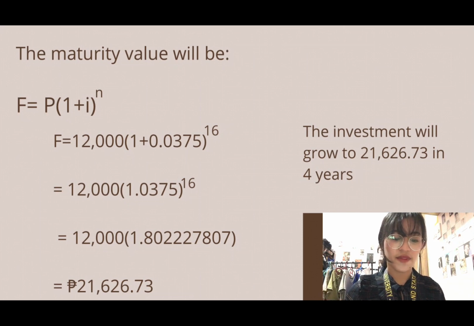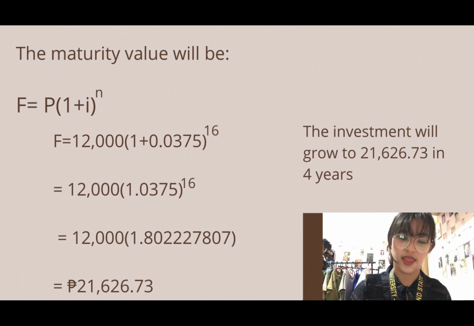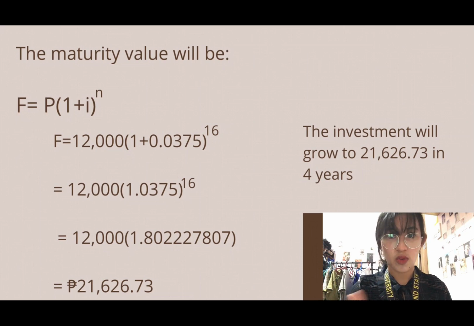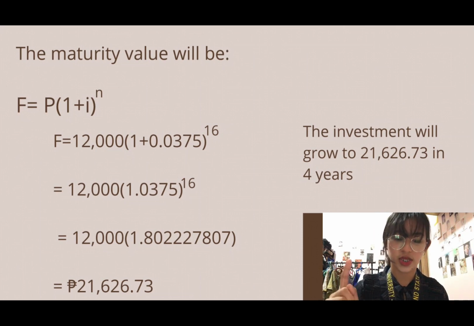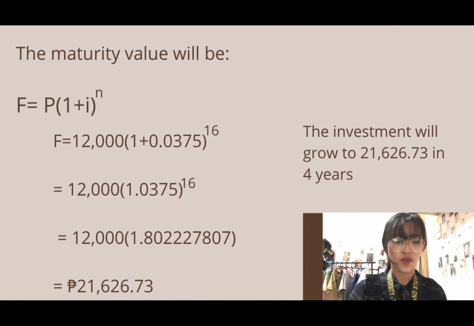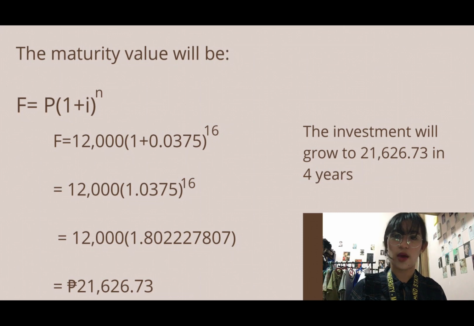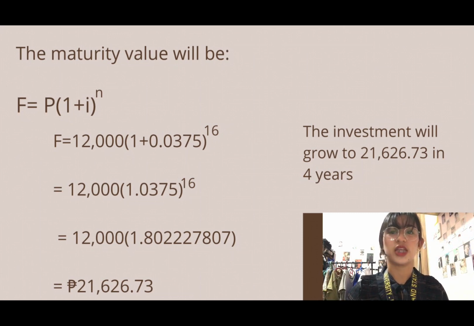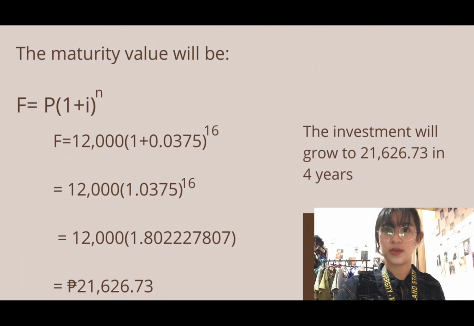And 12,000 times 1.802227807, which equals 21,626.73 pesos. So the investment of 12,000 pesos will grow to 21,626.73 pesos after 4 years.